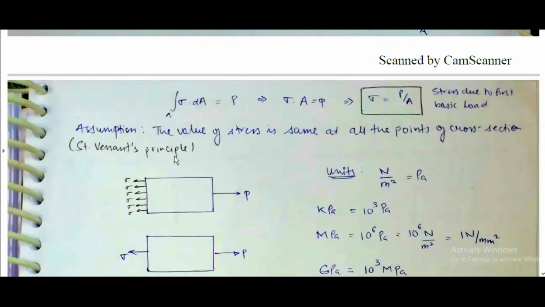Saint-Venant's principle. In some interviews they ask what is Saint-Venant's principle. You should not be confused with Saint-Venant's theory that comes in theory of failures. Saint-Venant's principle is different. The value of stress is same at all points of cross section.